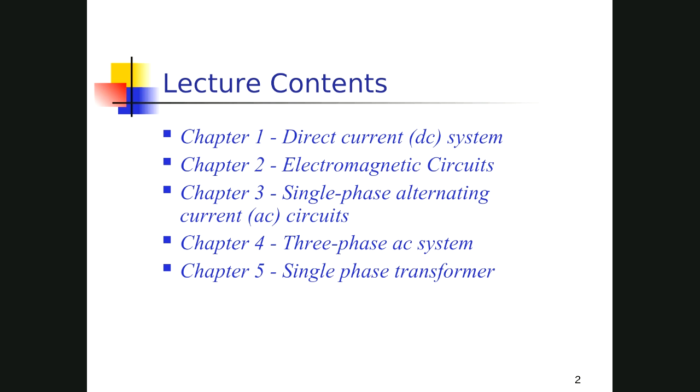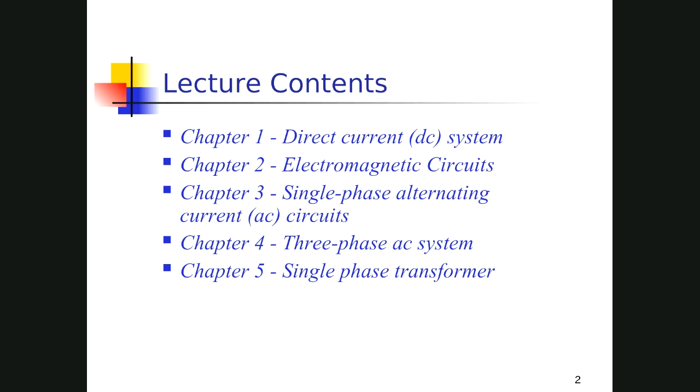So in chapter 1, we are talking about direct current systems, namely, in short, DC systems. Some of you already touched on DC circuits. Some of you already learned some physics during your high school, middle school. You learned about the DC circuit. You know about the voltage, the currents, the resistance.